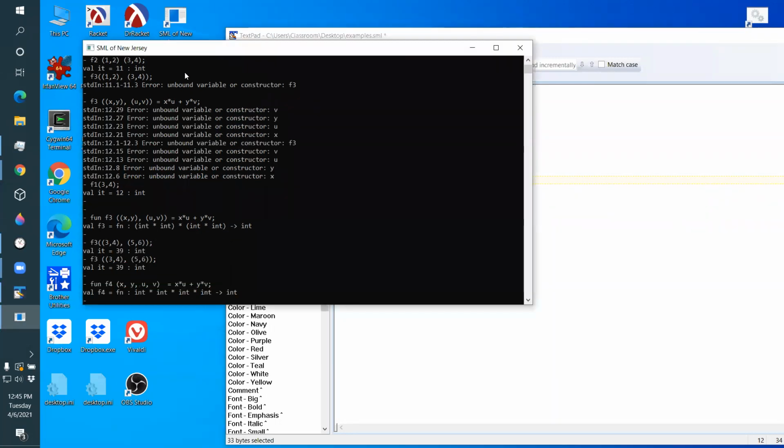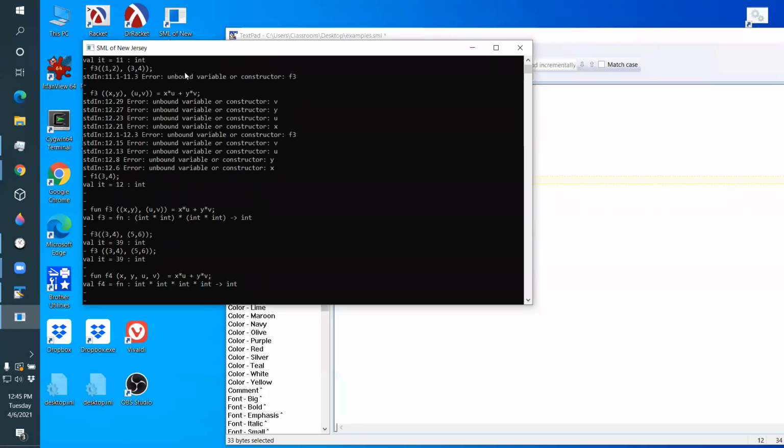Notice how many different ways ML can let you define things. That's still a function of one parameter, and I would call this F4 with the quadruple 3, 4, 5, 6. So it's treating this as one two vector, and this is another two vector, and computing their dot product.